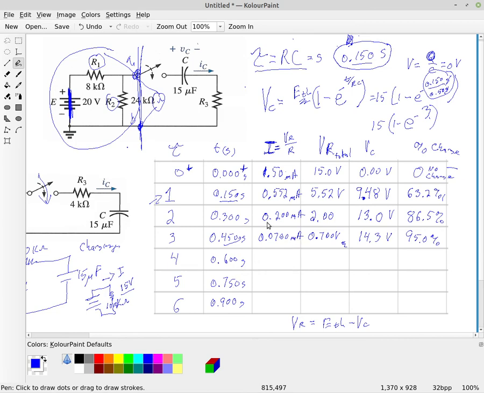I'm going to leave it written like that right now just so we can see it dropping, but we would really want to say 70 microamps to put that in Blackboard.